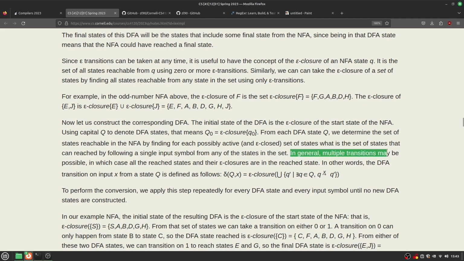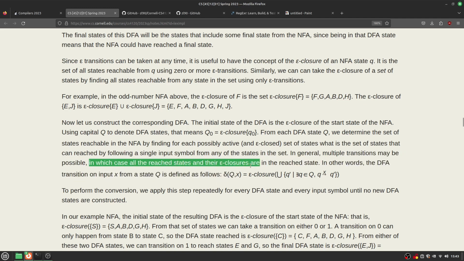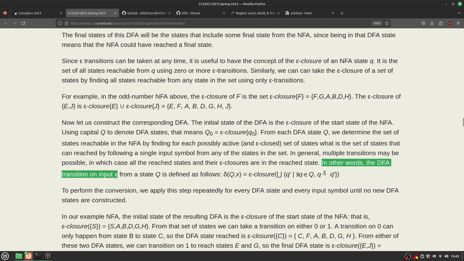In general, multiple transitions may be possible, in which case all the reached states and their empty string closures are in the reached state. In other words, the DFA transition on input X from a state Q is defined as follows.